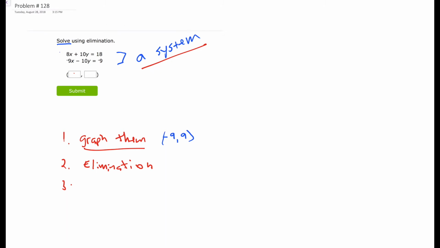You just eliminate. The way this works is you stack the 2 equations. So 8x plus 10y equals 18, and -9x minus 10y equals -9.